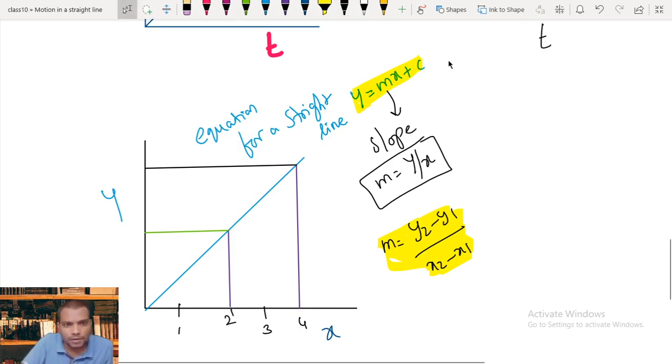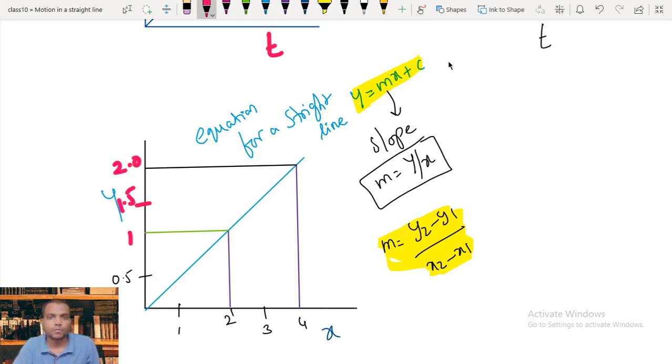And the corresponding y values, as I wish, 1, 1.5, let me take 2.0.